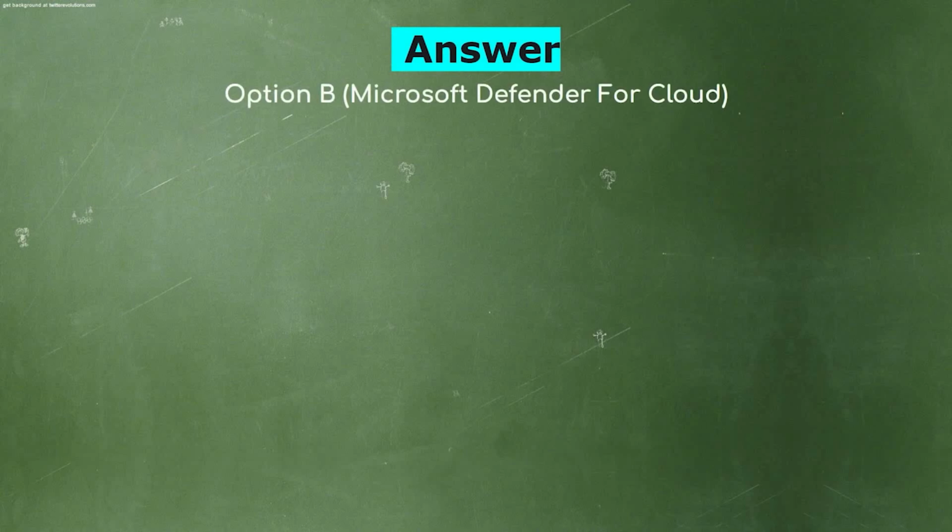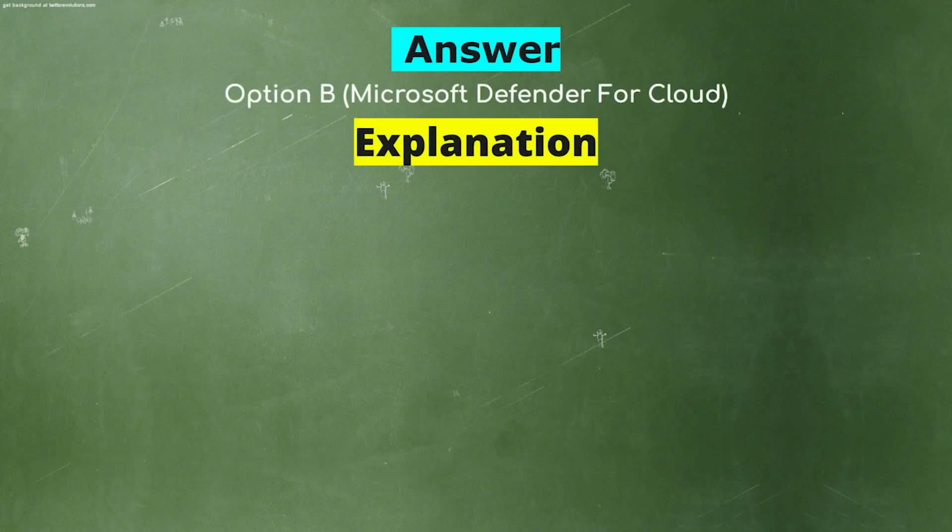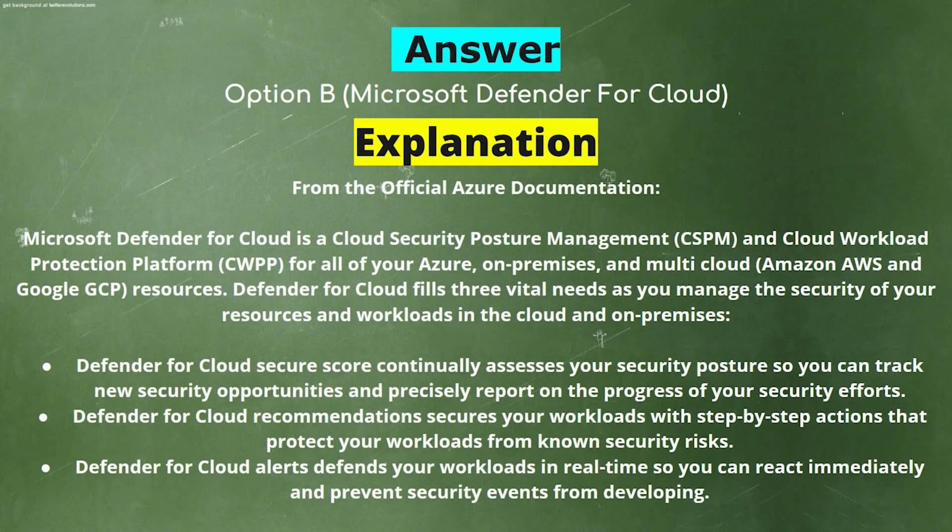Microsoft Defender for Cloud. Explanation. From the official Azure documentation, Microsoft Defender for Cloud is a cloud security posture management and cloud workload protection platform for all of your Azure, on-premises, and multi-cloud resources. Defender for Cloud fills three vital needs as you manage the security of your resources and workloads in the cloud and on-premises. Number 1.